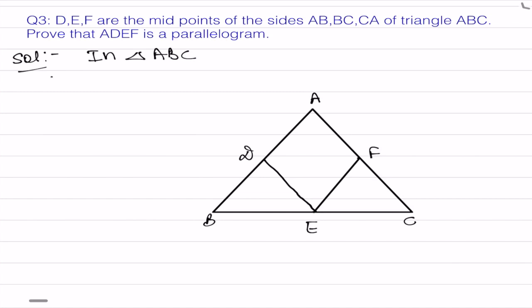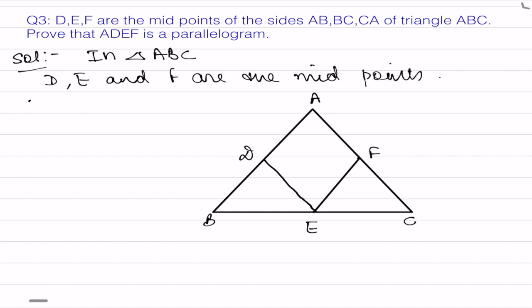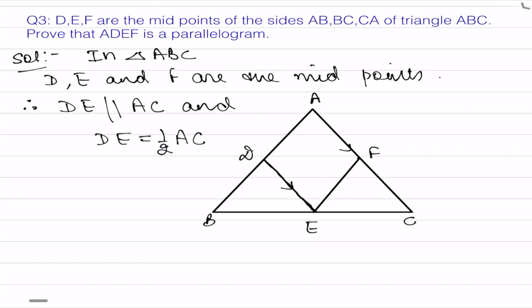So any one of the properties of the parallelogram we will prove. So in triangle ABC, D, E and F are the midpoints. Therefore this side DE is parallel to AC as well as DE is half of AC. So this implies, children, DE is parallel to AC, that means DE is parallel to AF also, because AF is a part of AC.